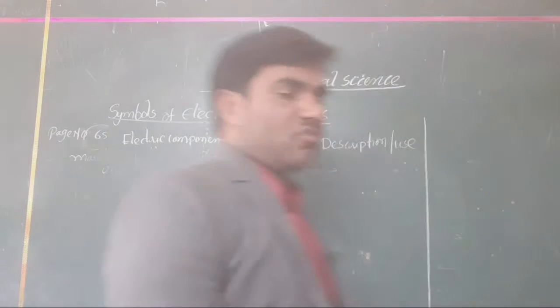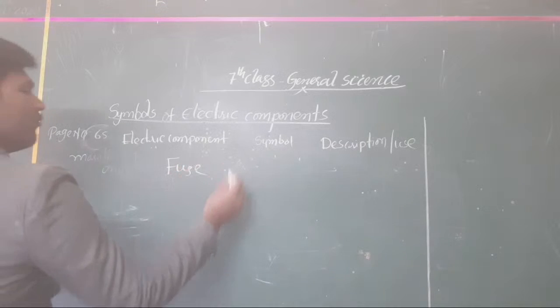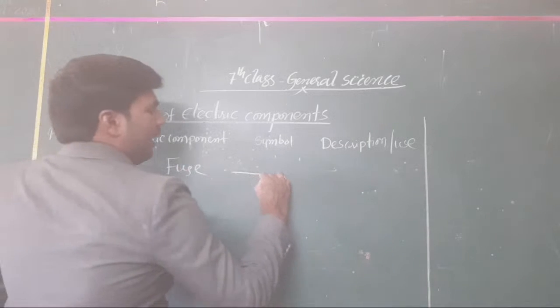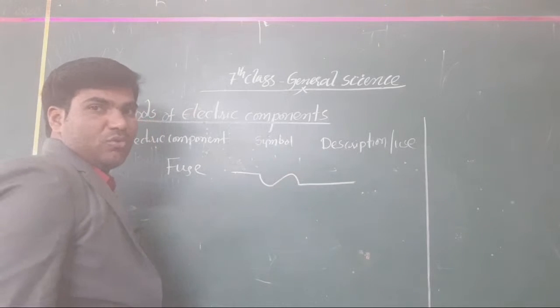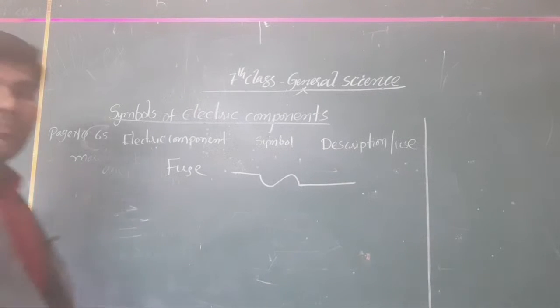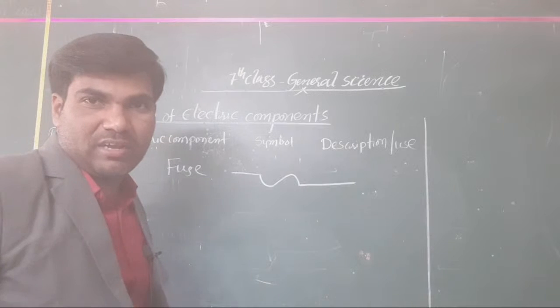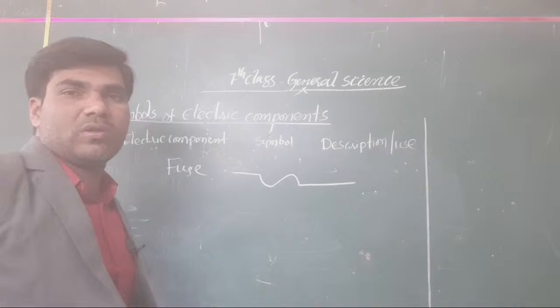Okay, now the fuse symbol, whatever fuse we use, the fuse symbol may look like this. Okay, clear or not all the students? It is used as protection of our electrical appliances from damage when we get more current through the circuit.